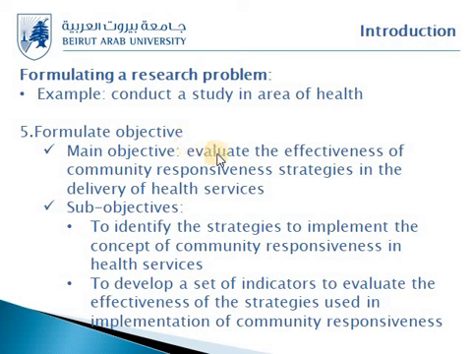The main objective might be to evaluate the effectiveness of community responsiveness strategies in the delivery of health services. Some of the sub-objectives might include identifying the strategies to implement the concept of community responsiveness in health services, and to develop a set of indicators to evaluate the effectiveness of the strategies used in implementation of community responsiveness.